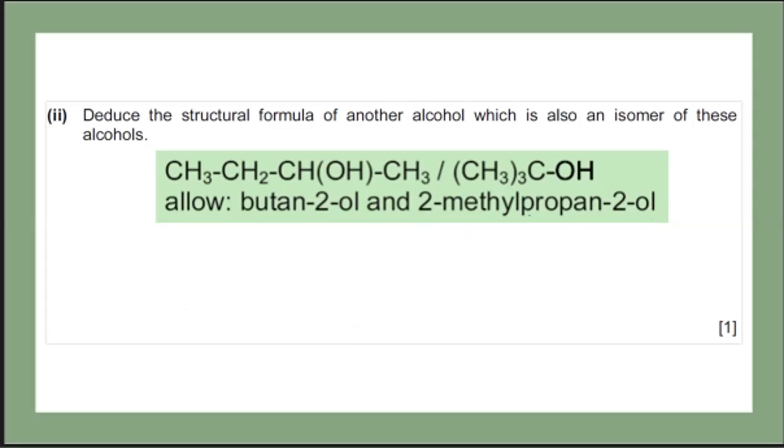So first things first, I'm going to put down the 3 carbons for propanol: 1, 2, 3 carbons. On the second carbon in propanol, we have an OH group, but also on the second carbon we have a methyl group, which is a CH3 group.